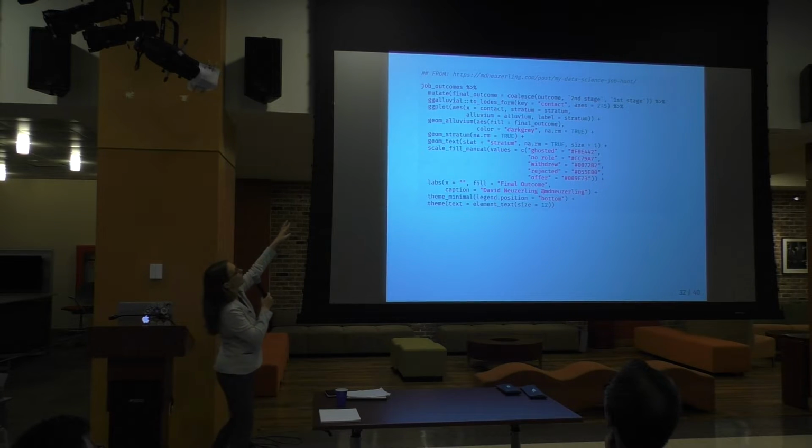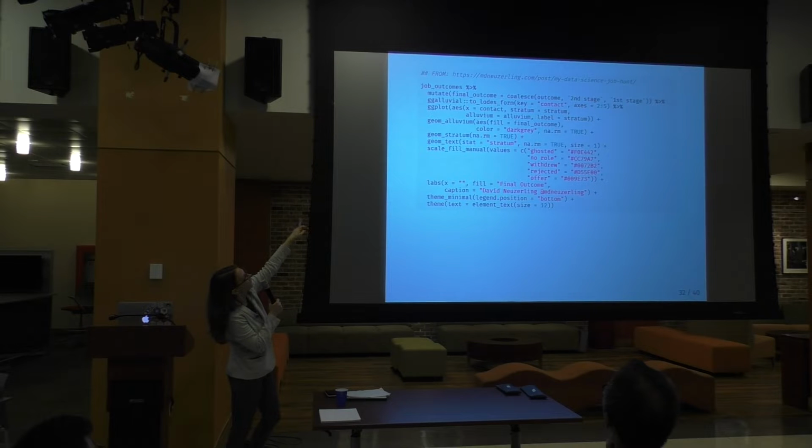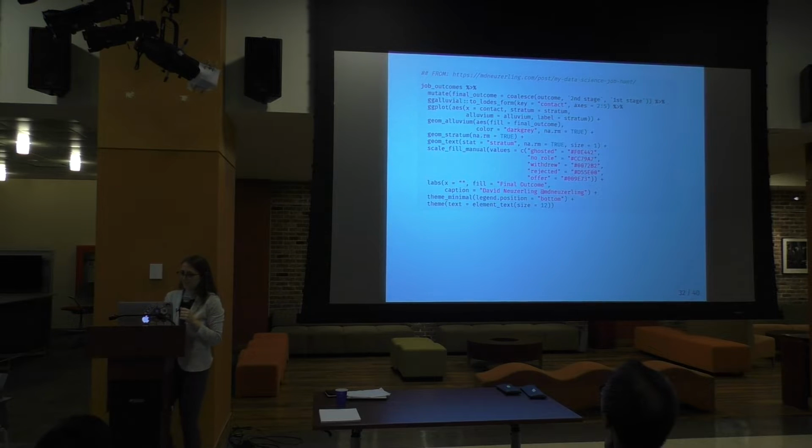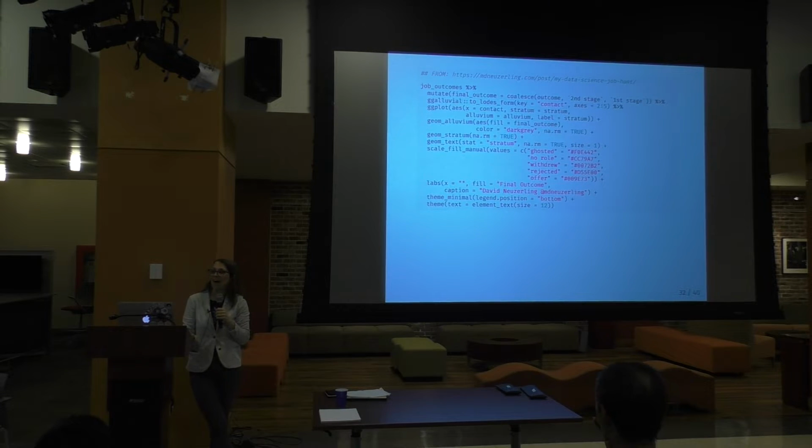And so I want to point out once again, this is from his blog post, and he's also using this to_lodes_form in order to set everything up. It's a little bit different than mine, just because the visualization is a little bit different. So once again with ggalluvial, there are a lot of options. It's a really cool package.